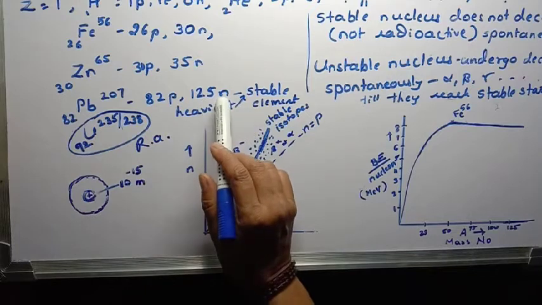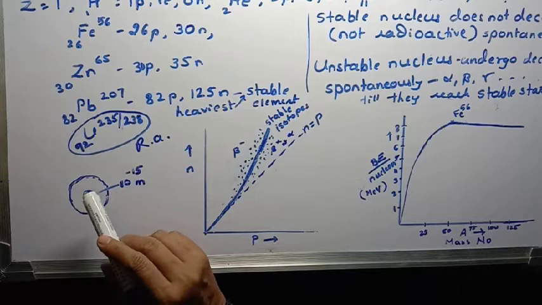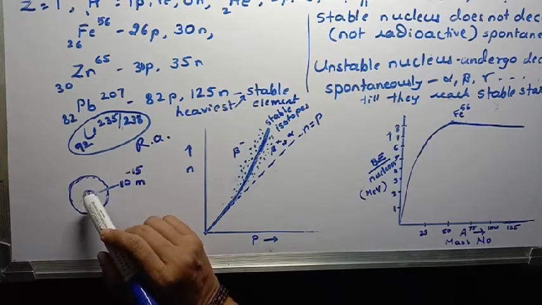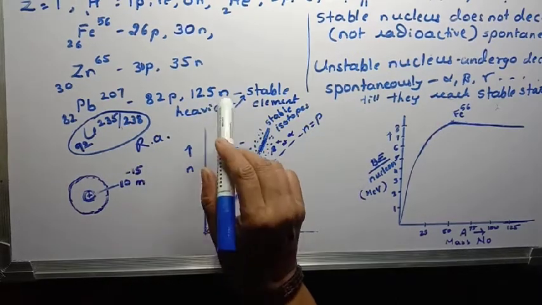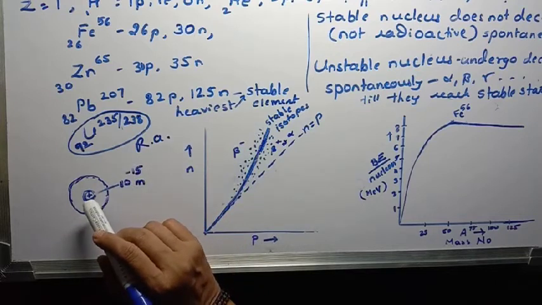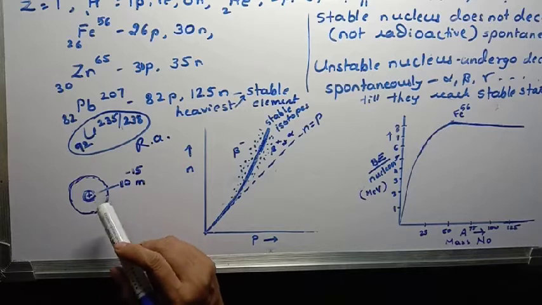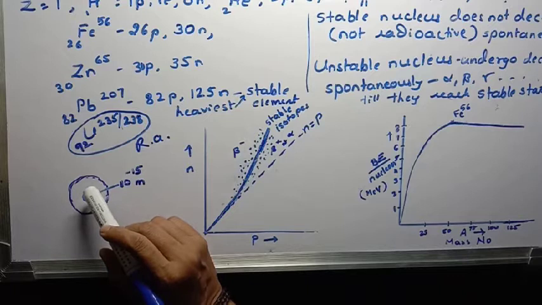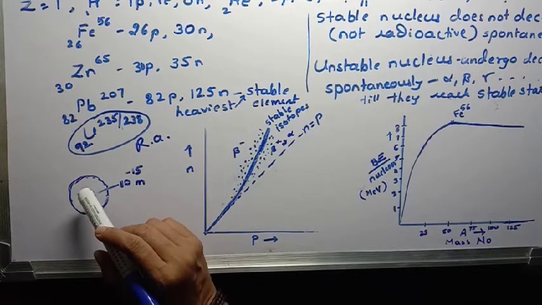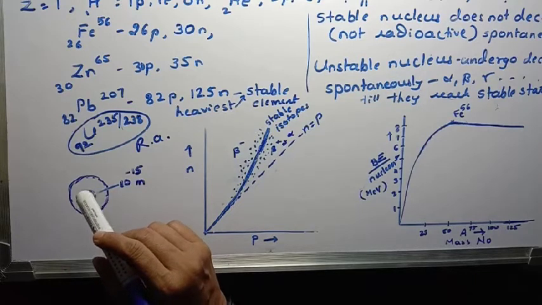That means the presence of a greater number of neutrons offsets, compensates or overcomes the forces of repulsion among the protons, thereby holding the nucleus stable.